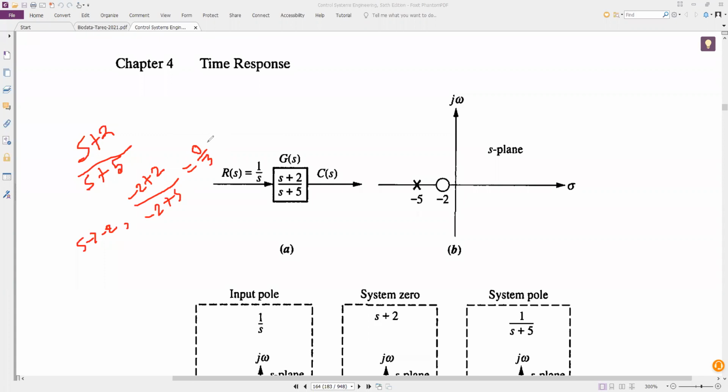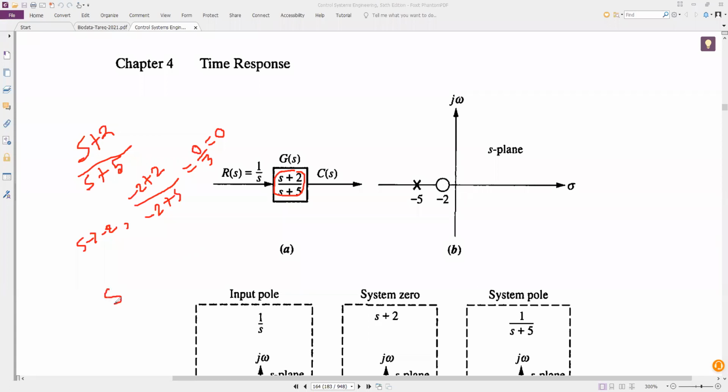That means it would be 0. So if you put s equal to minus 2, then the transfer function will be 0. So here you write the 0.